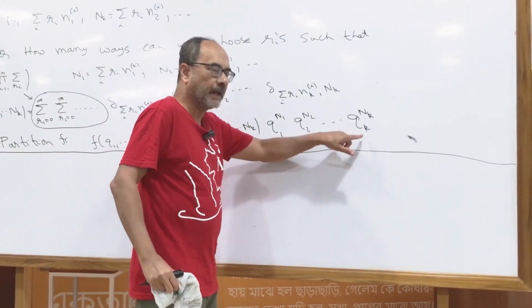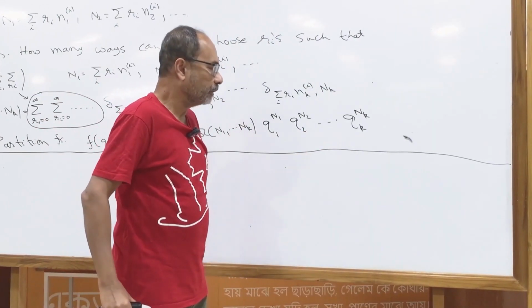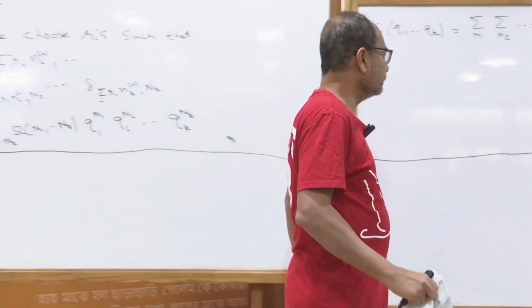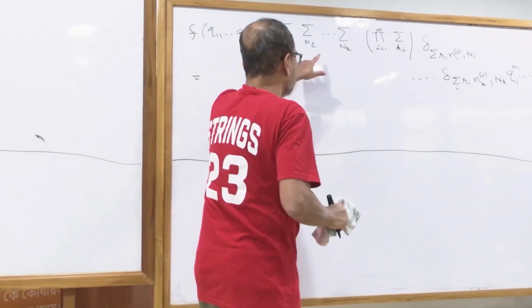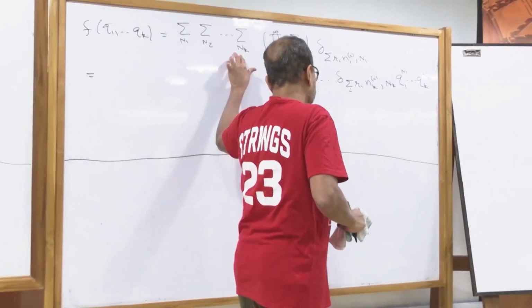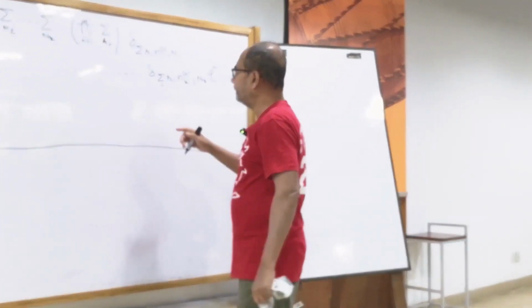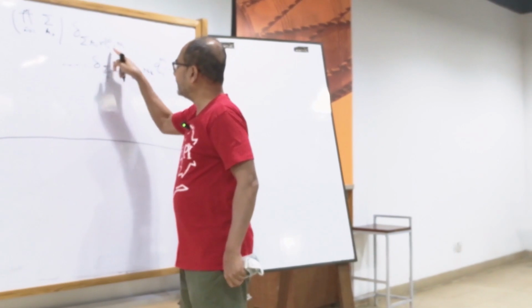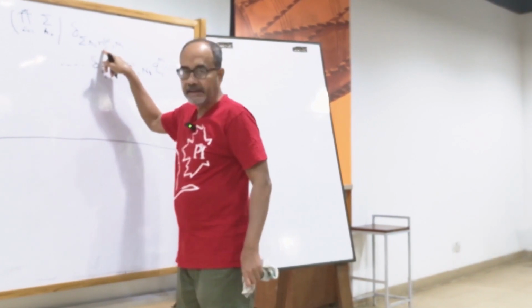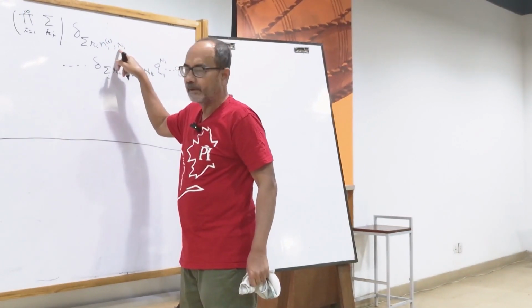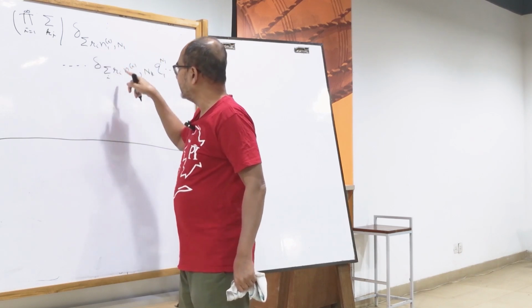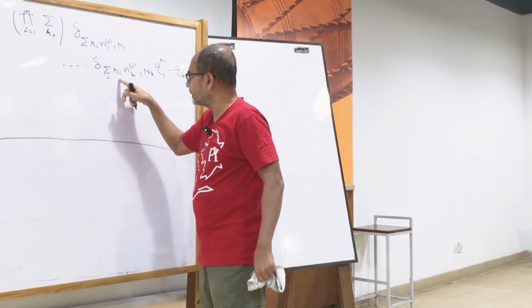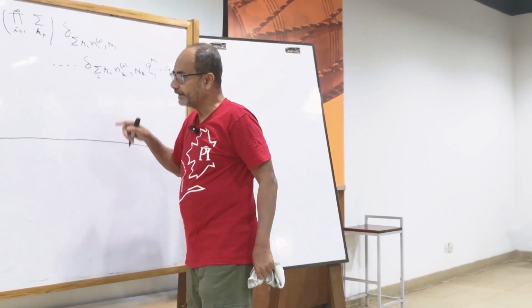And then I multiplied by Q1 to the N1 up to Qk to the Nk. And so now the idea is that we will do these sums first, because what these sums will do is that they will simply set N1 equal to sum over I of Ri N1I, because it vanishes unless N1 is equal to this. Similarly, N2 should be sum over I of Ri N2I, and up to Nk equal to sum over I of Ri NkI.